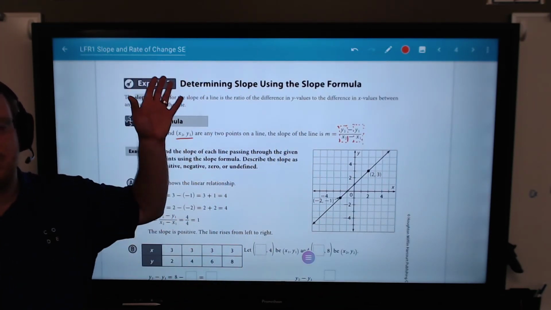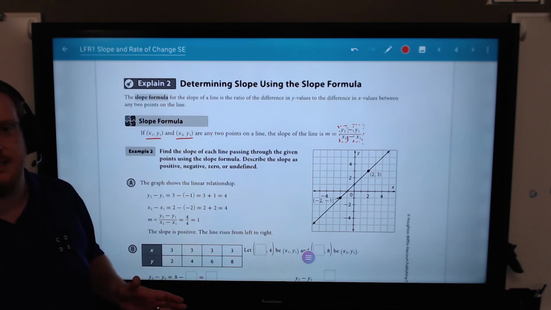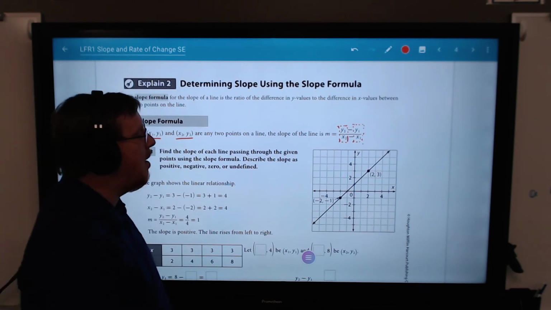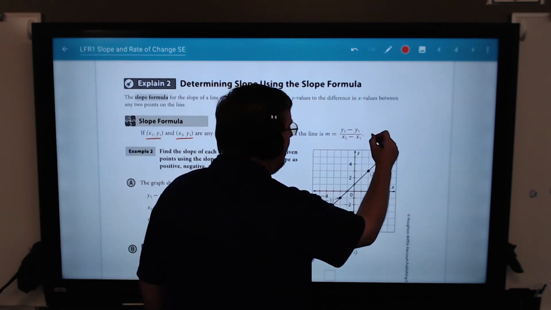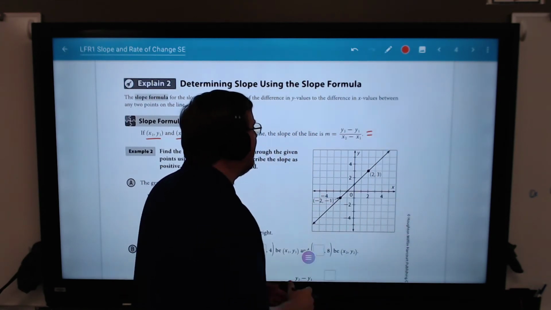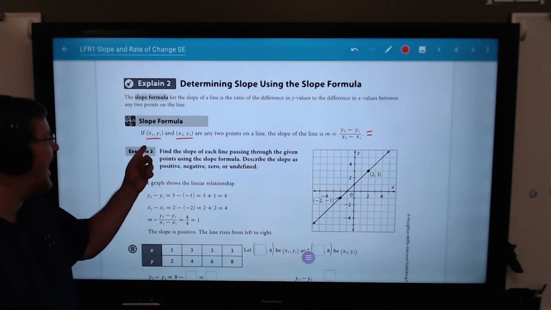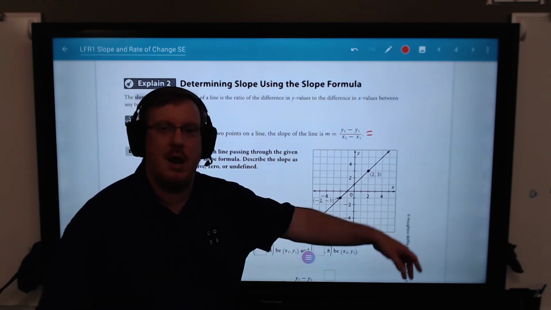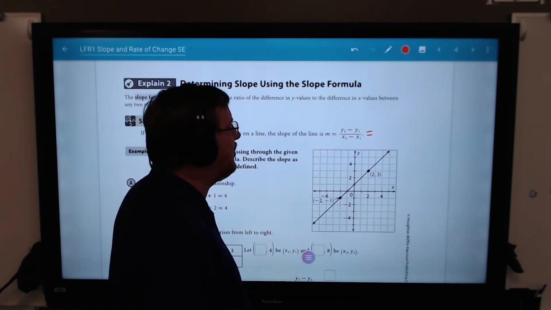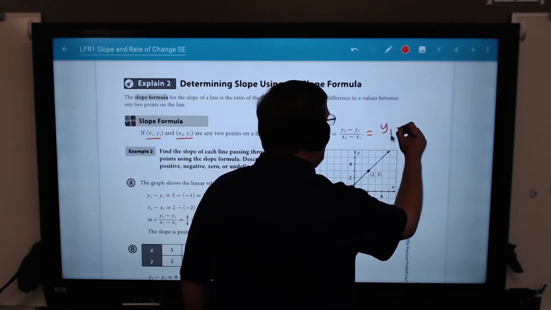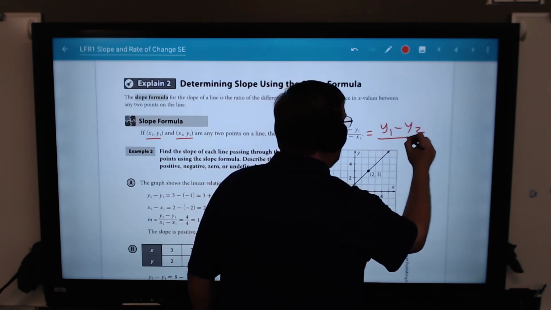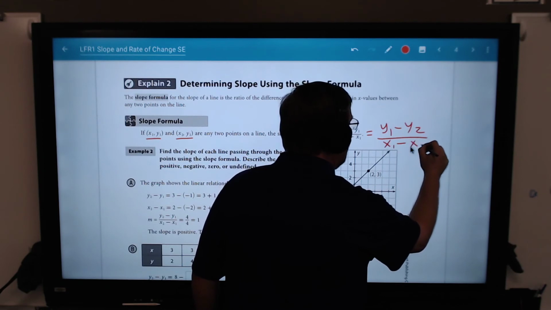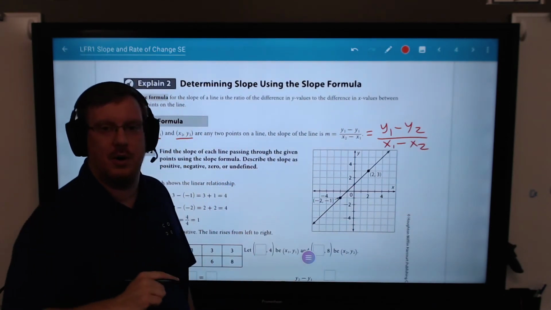You need to keep the 2s and the 1s in the same column, okay? Because I will go even a step further. If you've got these 2 points, it doesn't tell you which point has to be which. It doesn't say x1, y1 has to be the left point, and x2, y2 has to be the right point. This will also work. If you do y1 minus y2 divided by x1 minus x2, that will also work.